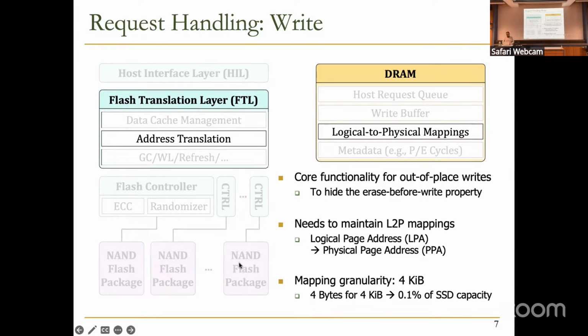You are storing 4 bytes for each 4 kilobytes of data. And this gives you this ratio, 0.1% of the total SSD. So that's why I said that usually the DRAM size is 0.1% of the total SSD capacity. Make sense? Okay.